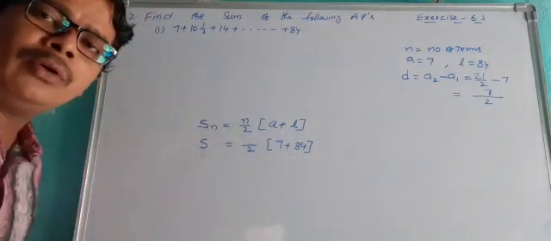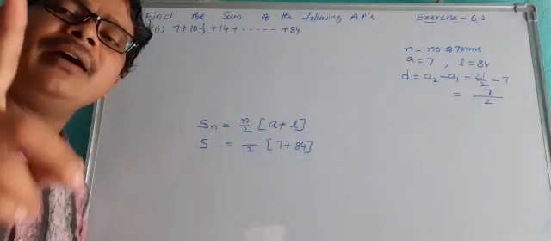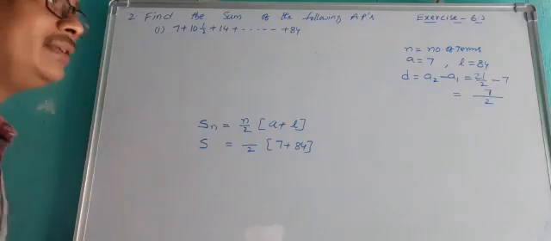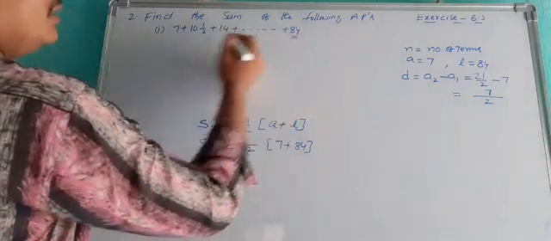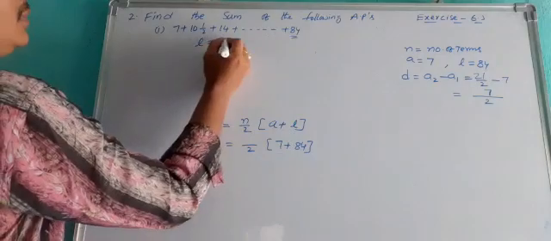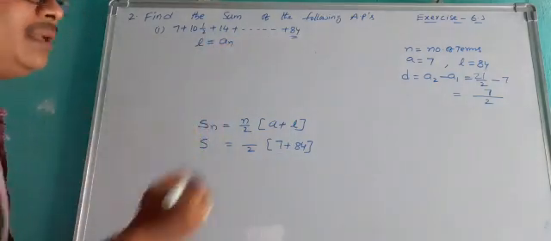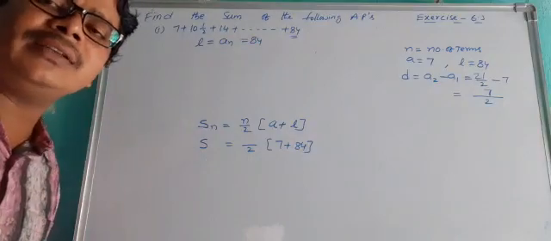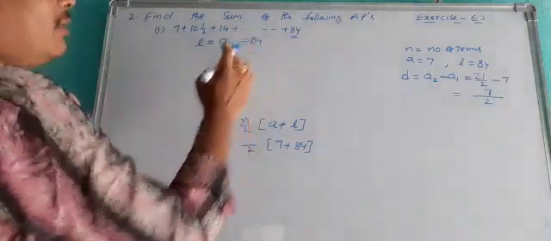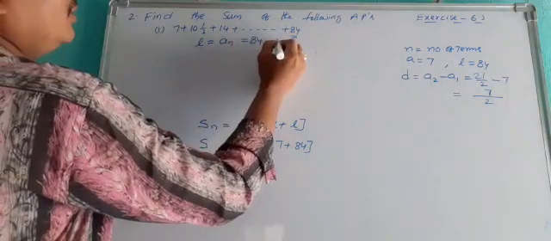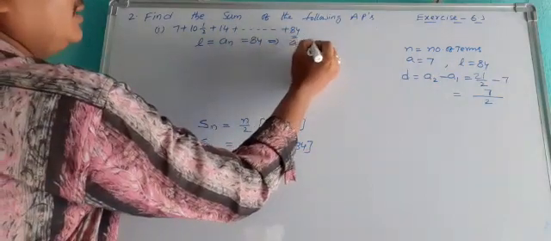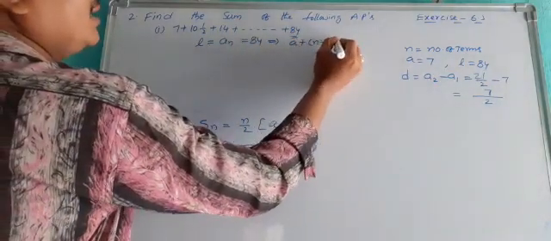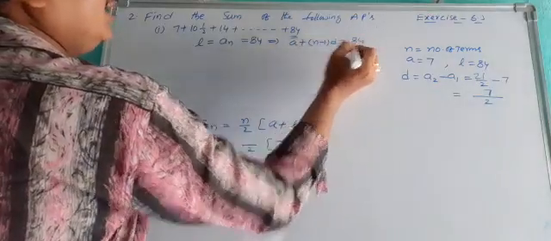Now we want to find the value of n. How? Very simple. You know the last term, that means the nth term equals 84. So let us consider the last term to be the nth term, equal to 84. You already know the formula for the nth term: a plus n minus 1 into d equals 84.